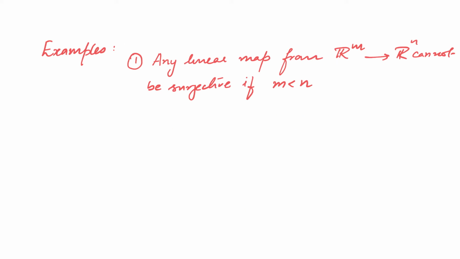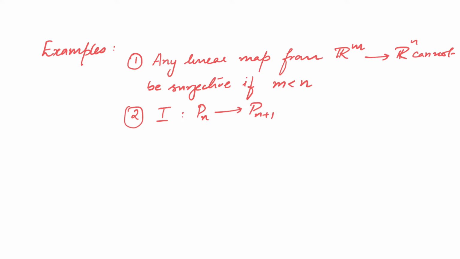As before, we will now see some consequences of this result. The first consequence is that we cannot have a surjective map from Rm to Rn if m is strictly less than n. Another consequence is that the integration map from Pn to Pn plus 1 we saw is linear.